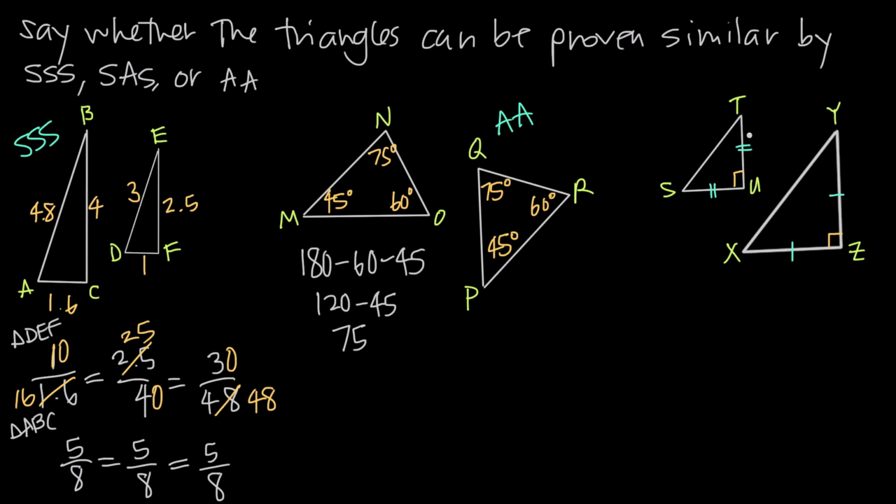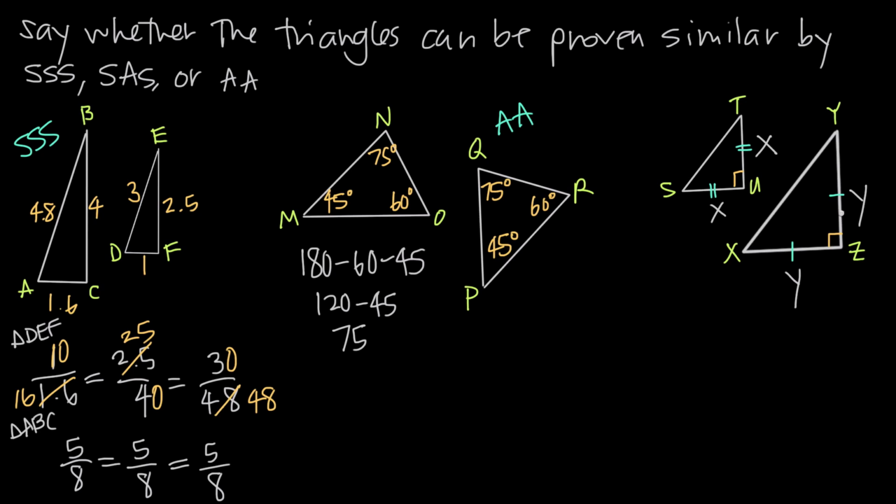What we know is that these 2 sides, side SU and side TU, are congruent. So we could, for example, call this side length X, and if this is side length X, then the length of this side is also X because these 2 sides are congruent. Over here in this triangle, we've been told that these 2 sides are congruent, so if we called this side length Y, we'd also be able to say that this side length was equal to Y.